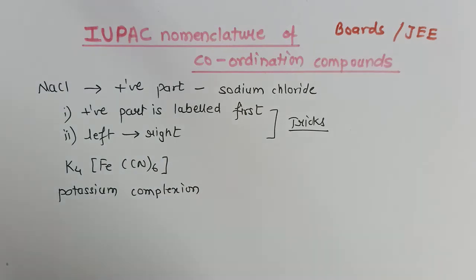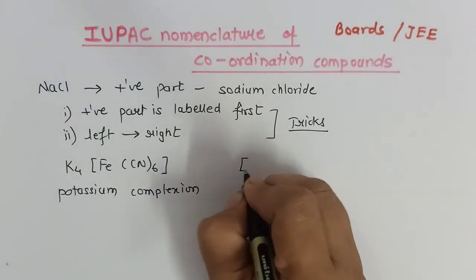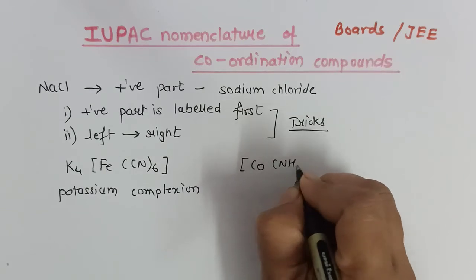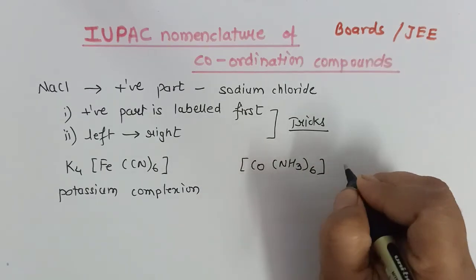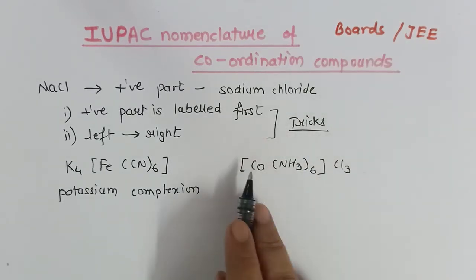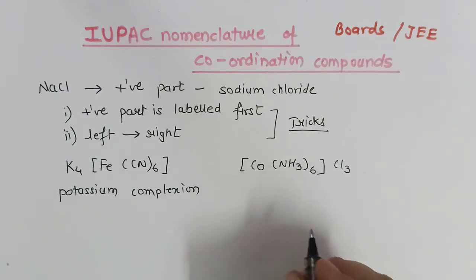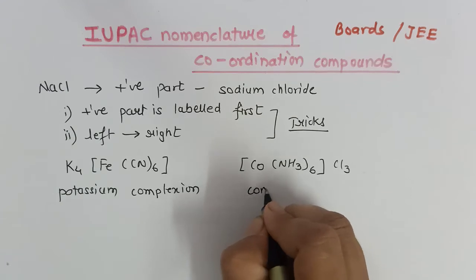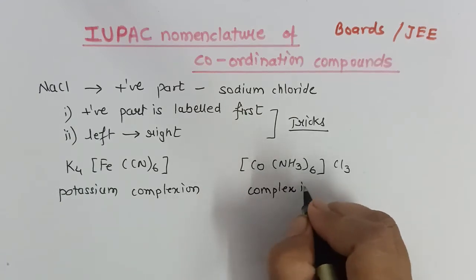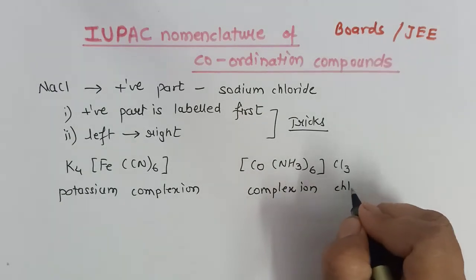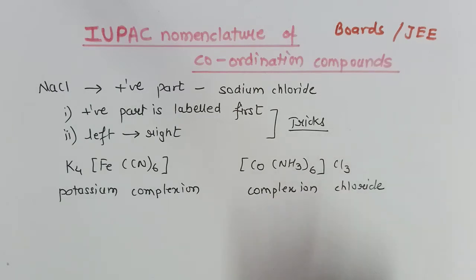One more example, [Co(NH3)6]Cl3. Now when we are moving here left to right, the complex ion is positive and therefore it will be labeled first, and then chloride. So I hope both these things are clear to you.